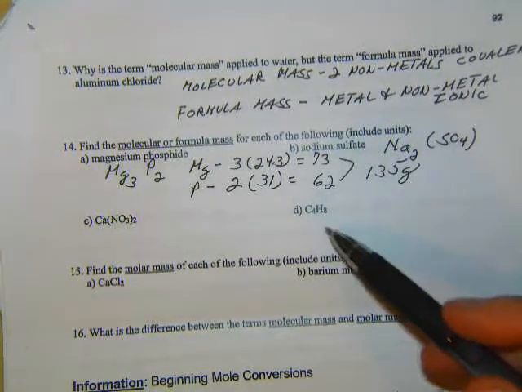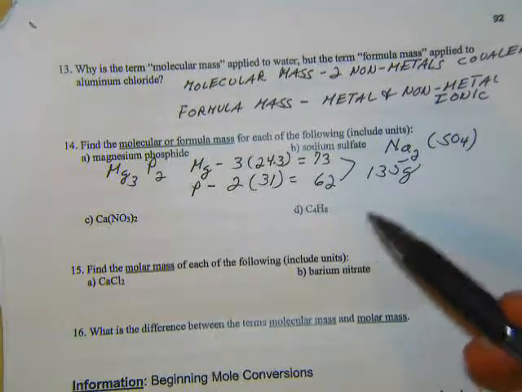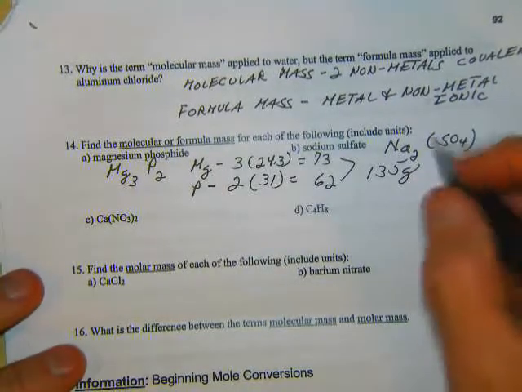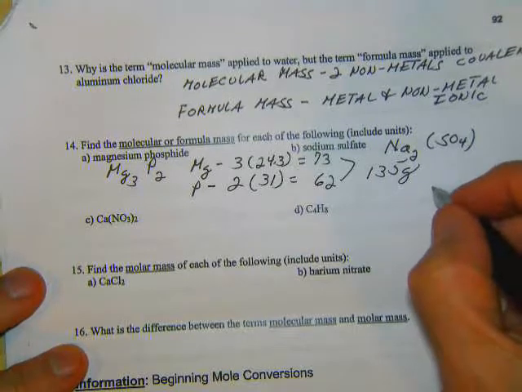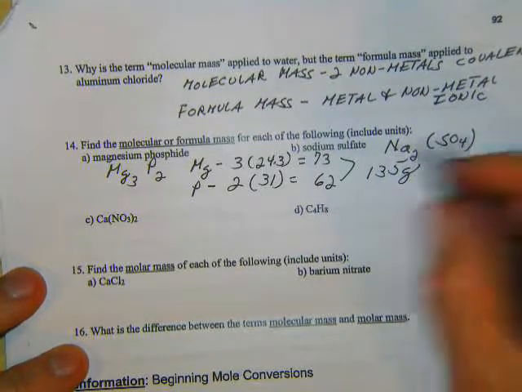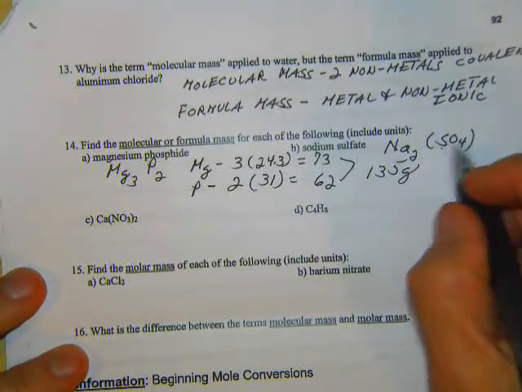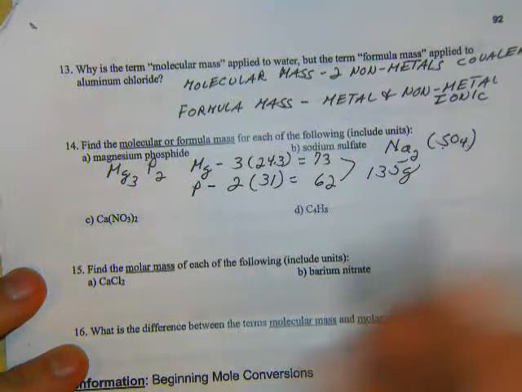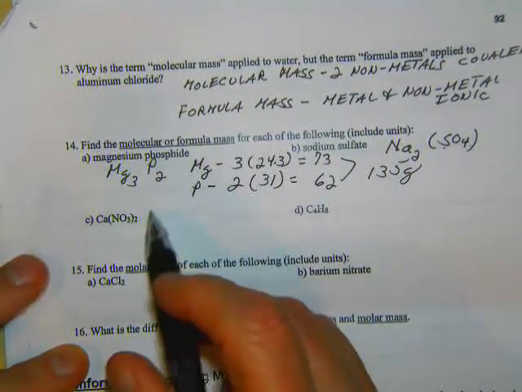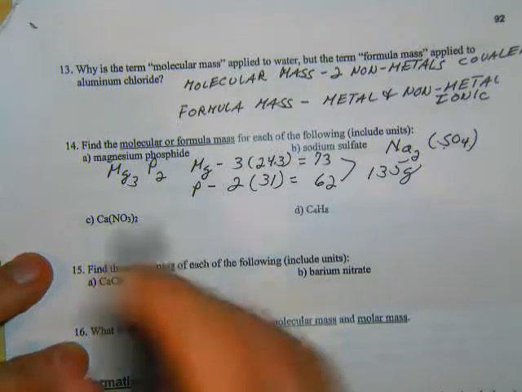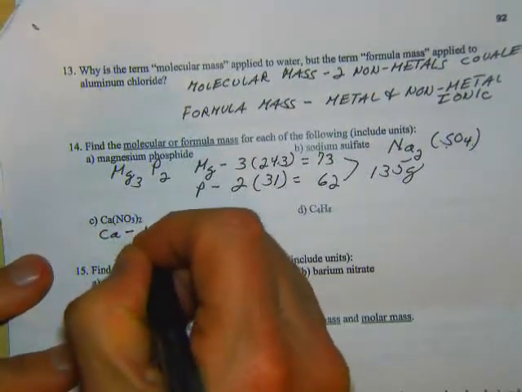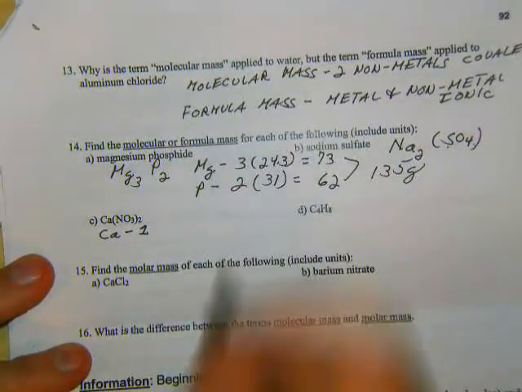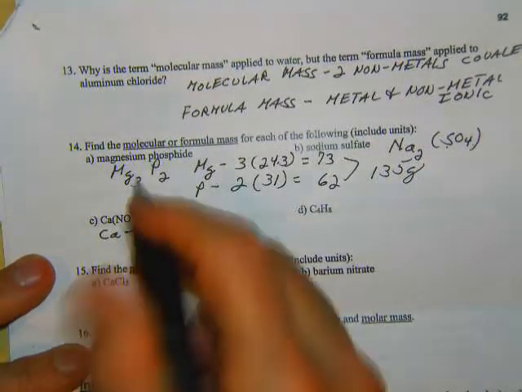All the other ones work the same way. Sodium sulfate, and I'm not going to write every one of these out. Sodium sulfate, we have 2 sodiums, we have 1 sulfur and 4 oxygen. Calcium nitrate, and again, we're going to use the distributive property here, so maybe I'll write this one out. Calcium, we have 1, and then you'd have to look up the atomic mass on your periodic table.